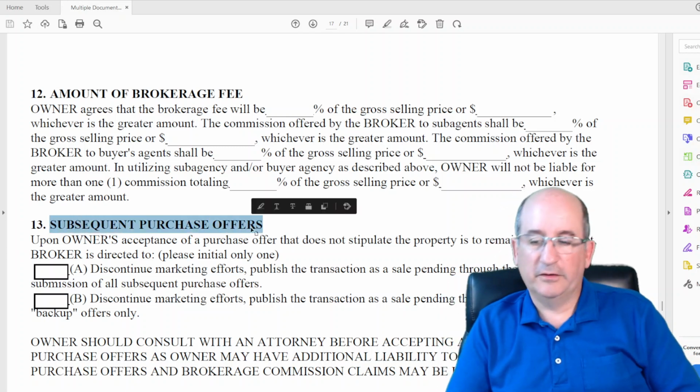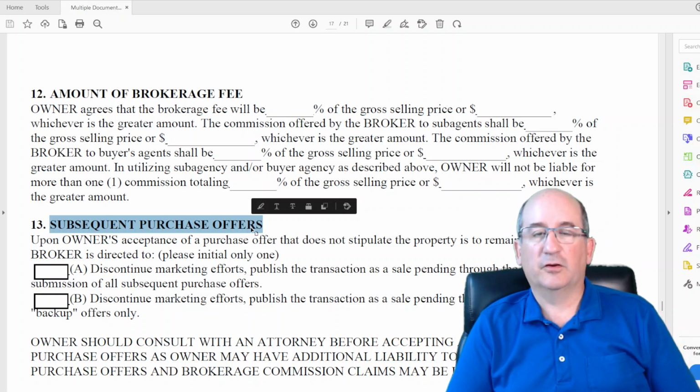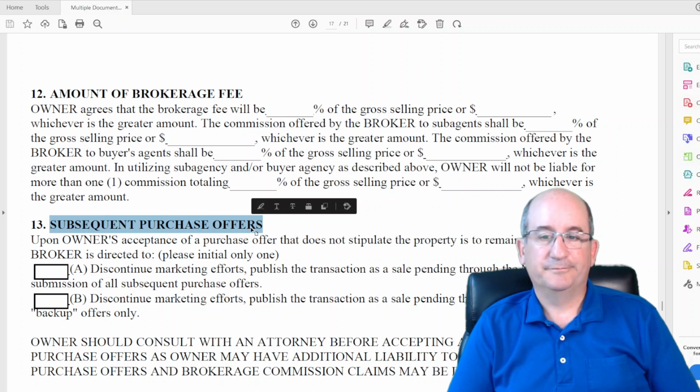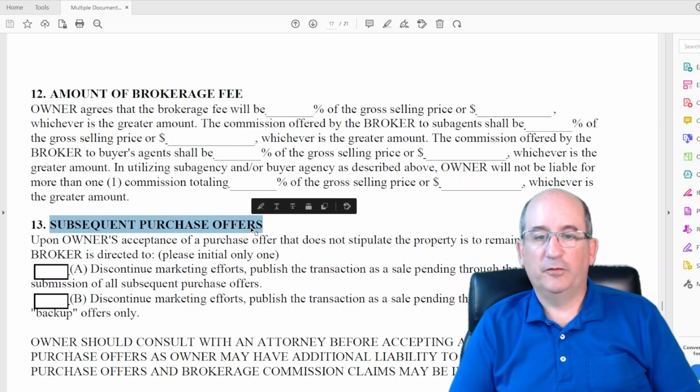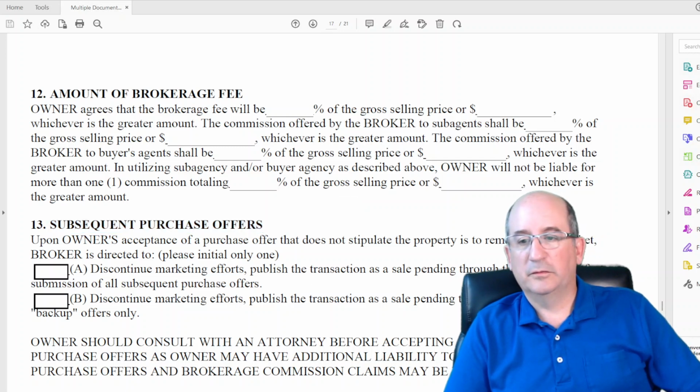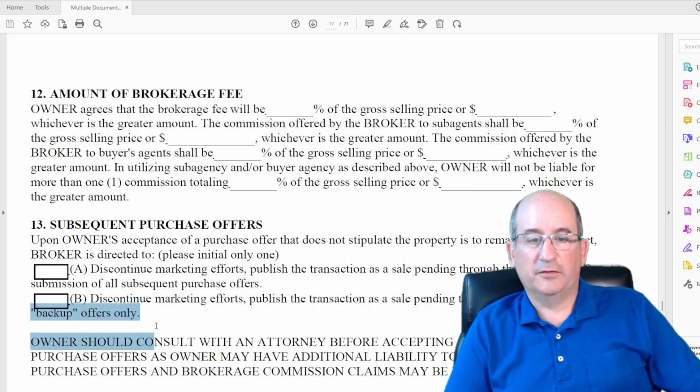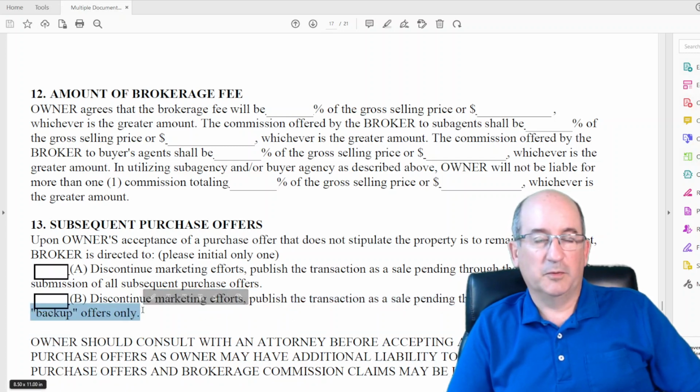Subsequent purchase offers. This is the part where it says, well, what happens if we're already under contract and we get another offer? Do we accept or reject backup offers? What I tell my people is, if you want to accept backup offers and submit backup offers, that means your property is still available to be shown.